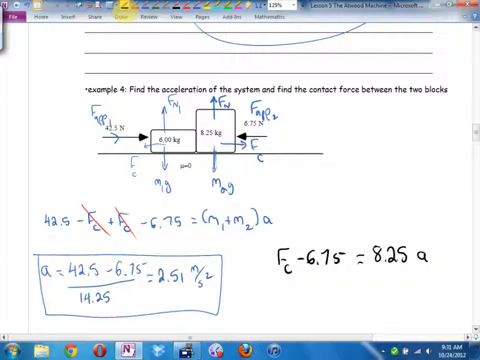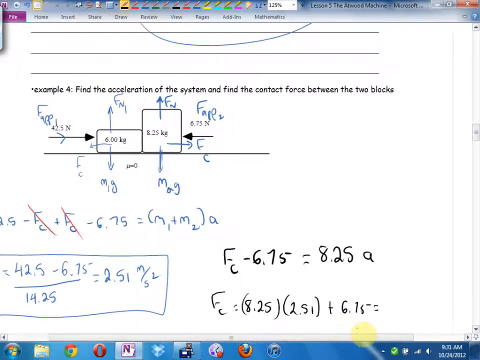Joe, how would I get the contact force by itself? So you're saying the contact force is going to be 8.25 times, what was A? Oh, we figured it out. 2.51 plus 6.75. Ta-da!